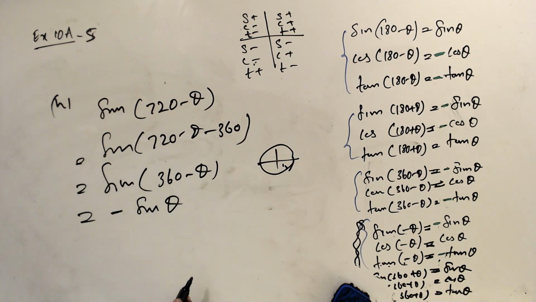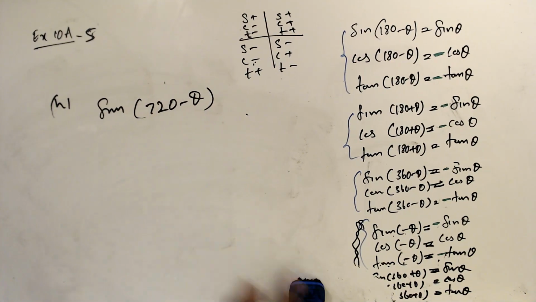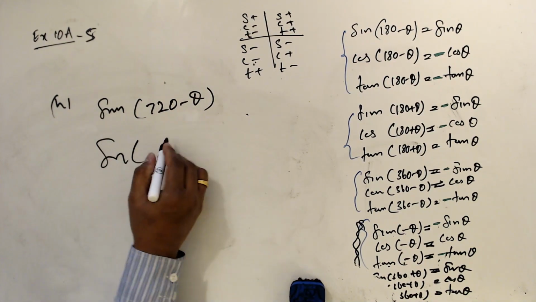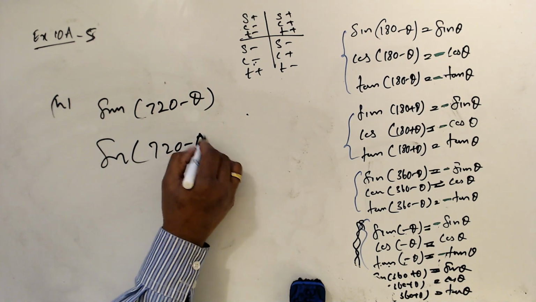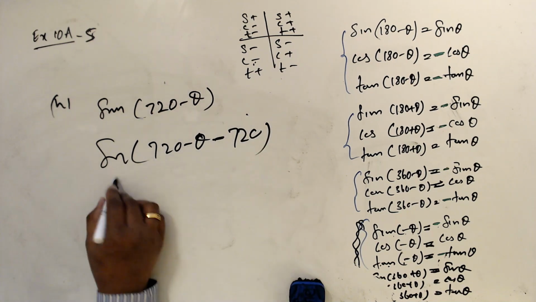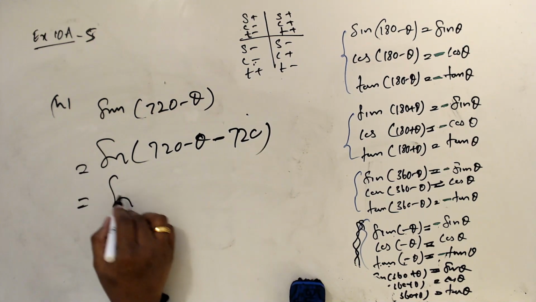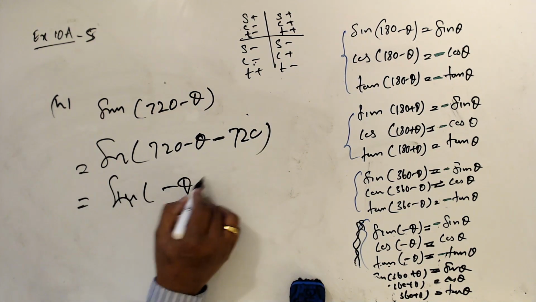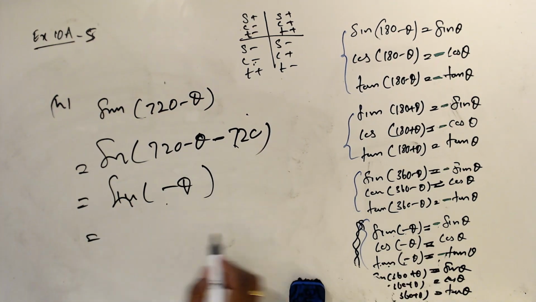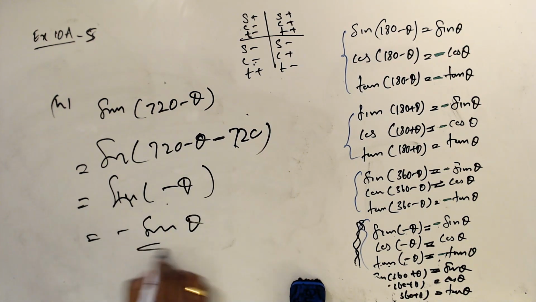So minus sine theta, or you can see theta is acute and this is minus. Sine 720 minus 30, I'll take away double 360, so this cancels out. Sine minus 30 is minus sine 30.